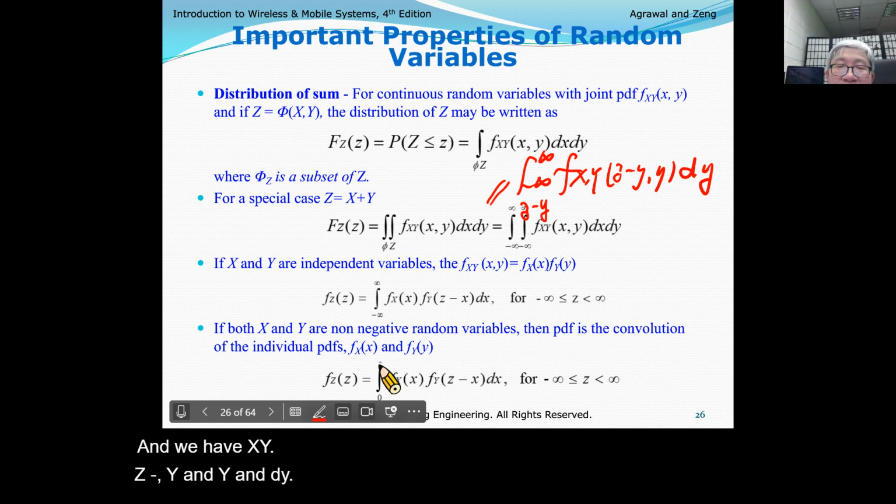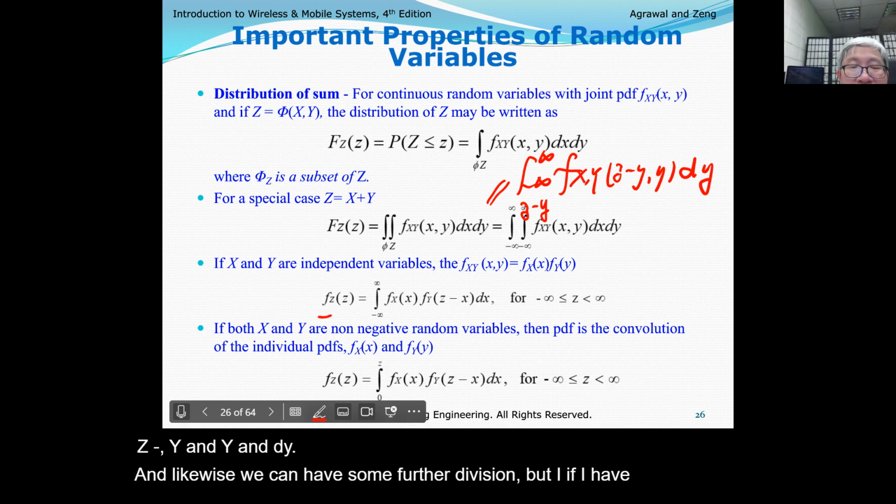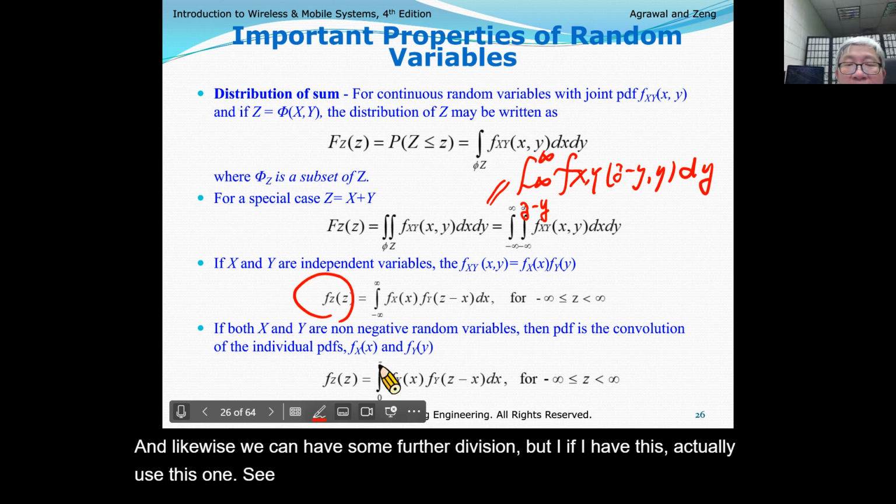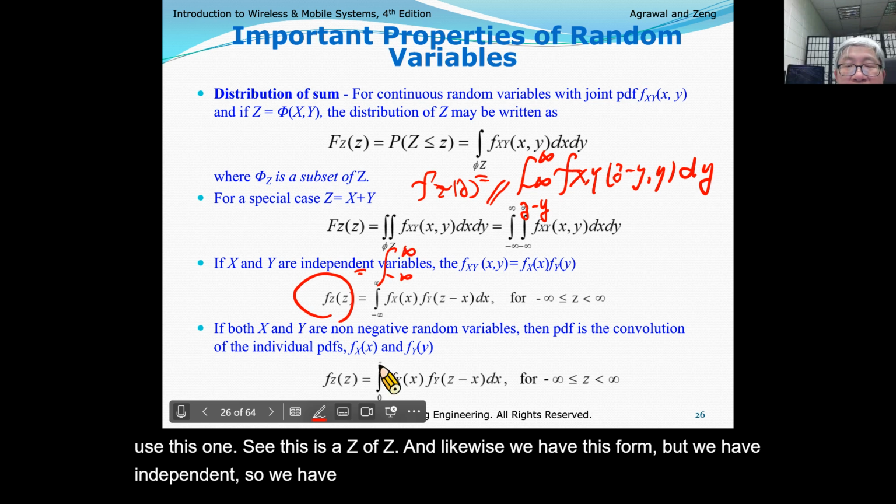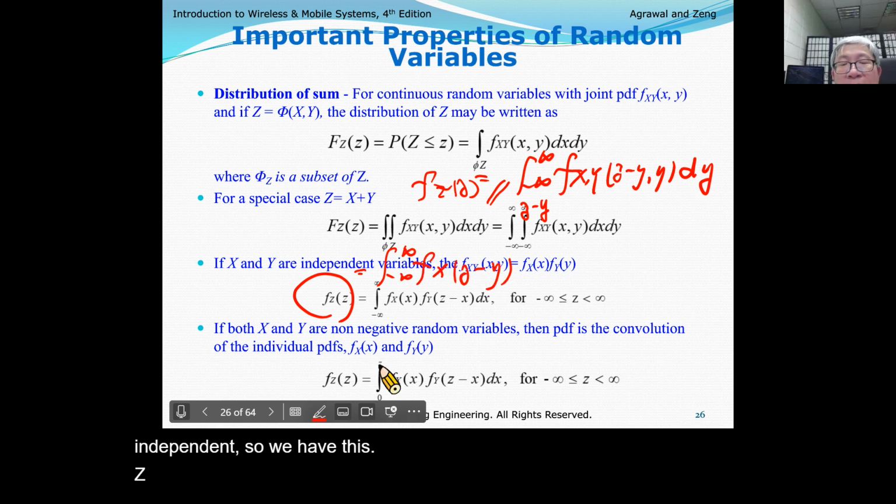Likewise we can do further derivation, but this is the PDF of z. And since we have independence, we have this: f_X of z minus y times f_Y of y, dy.